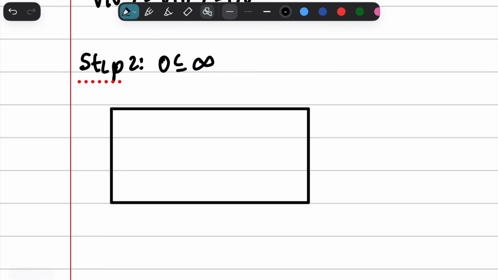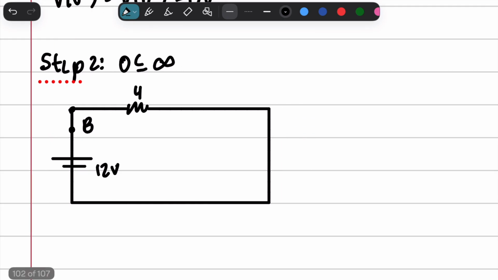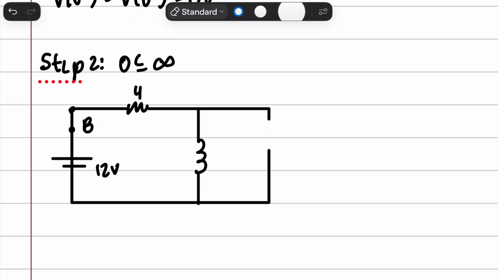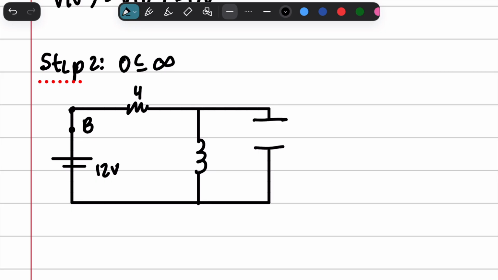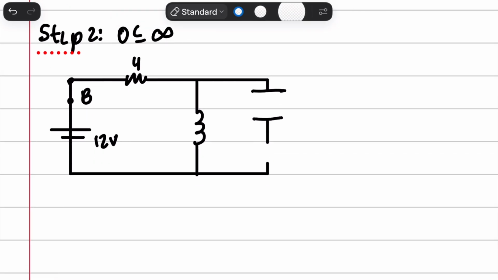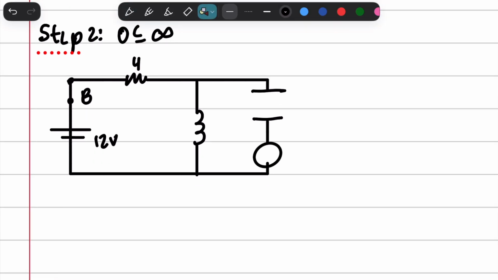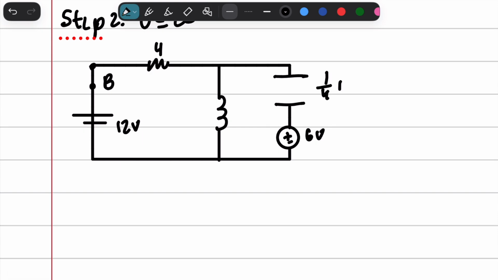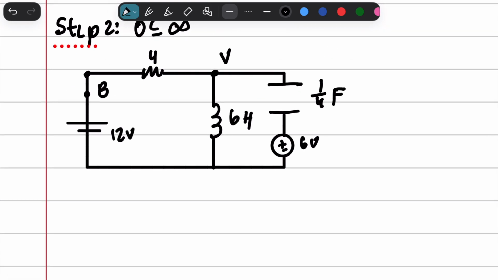This time we are going to be in position B, and we're going to have the 12-volt battery right here be the driving force. We still got this 4 ohms right here, and we've got this inductor alive, and we've got this capacitor here and a battery, 6 volts. This is 1/4 farad. We're going to apply a nodal analysis.